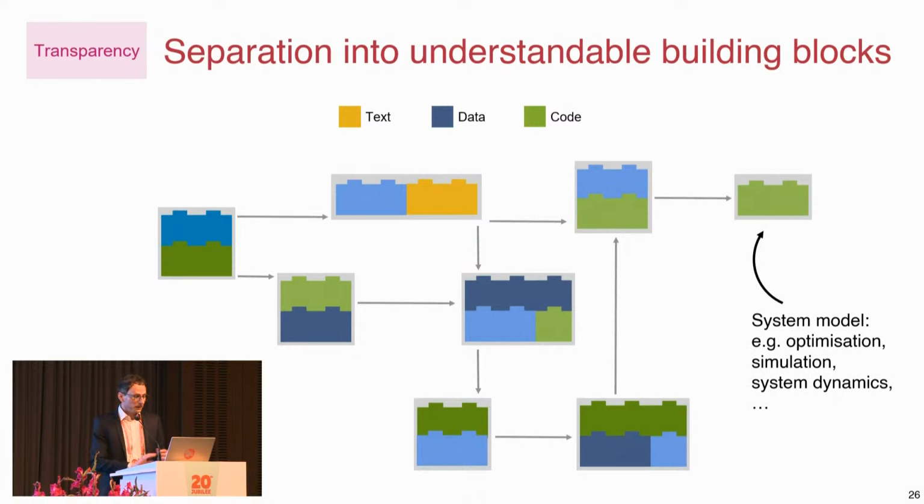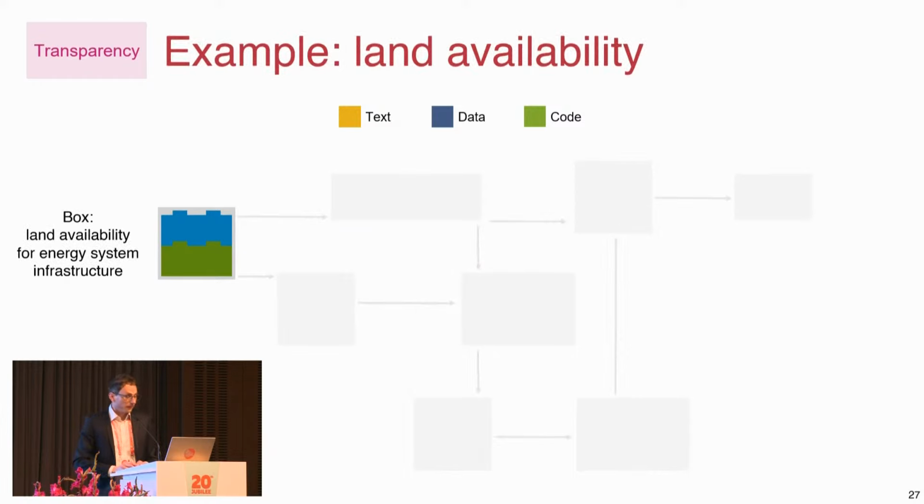And when you look at it this way, the system model part comes at the end of a very long chain of these other components, these other building blocks that add up layers and layers of assumptions and data processing, that in the end is then fed into the system model, whether that's an optimization model, a simulation model, a system dynamics model, whatever you name it.